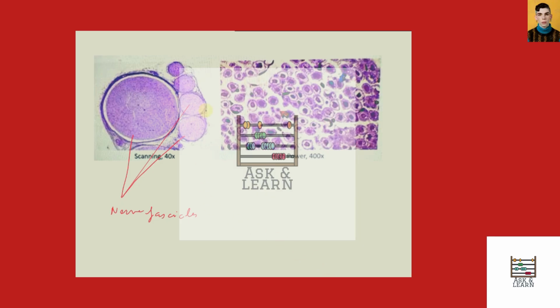And regarding the perineurium, which represents a connective tissue which surrounds each fascicle. So the tissue which surrounds these fascicles is known as perineurium. Sorry, not epineurium, perineurium.